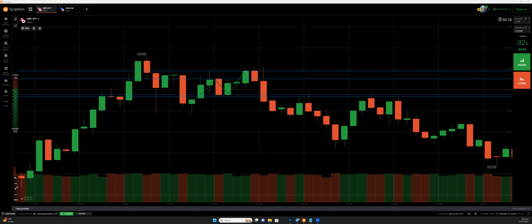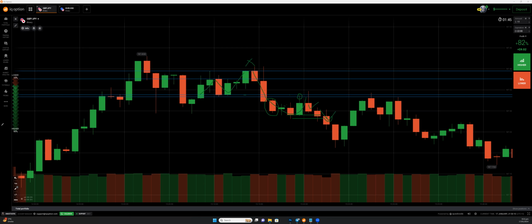Buyers tried to break, but they failed. And after failure, who broke this level? Sellers broke it, and then we can go for a down trade. When it came back, the level was retested, sellers entered the market, and the market is moving down with a simple reason. This trade we already discussed: the bias failed, and this support becomes a resistance, and that's the reason the sellers continued here.